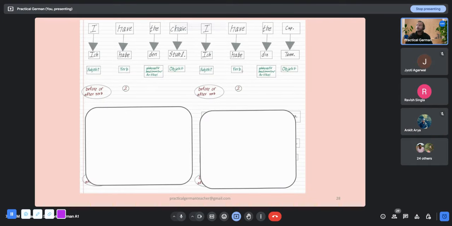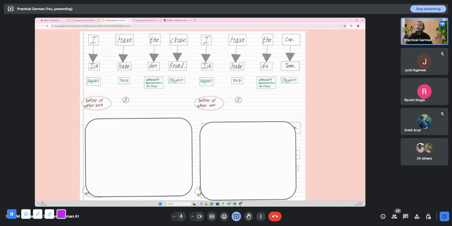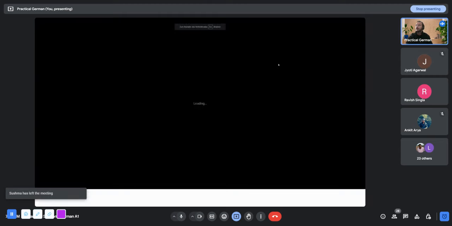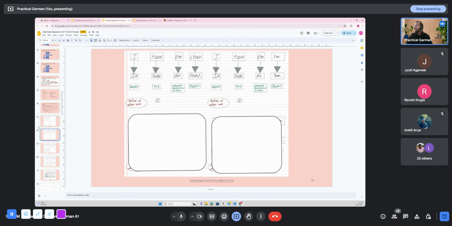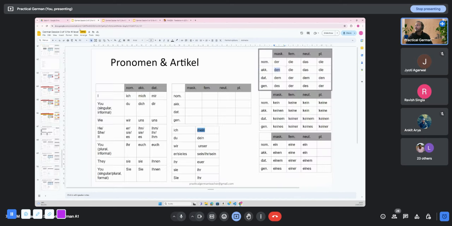Please read, Jyoti. Ich habe die Tasse. Tasse means a cup. Here I'm saying die Tasse, and I've written that this is accusative. Tasse is feminine, so the article here is the feminine die.